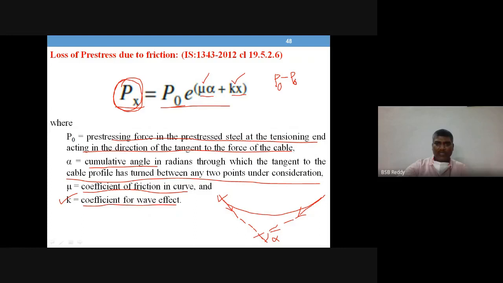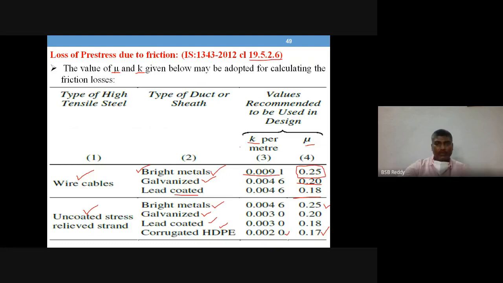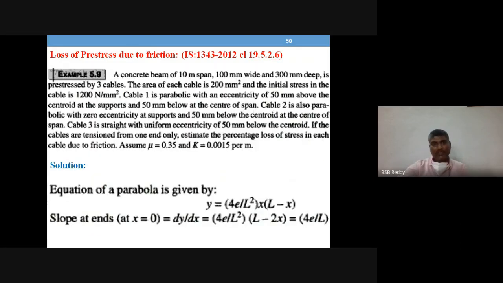So P naught minus Px is the loss of stress, loss of pre-stressing force. So loss of pre-stress will be measured in terms of pre-stressing force. So we will see one example regarding this.